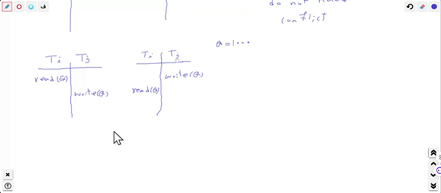It's the value that Tj has written on Q. So these two orders do not have the same effect and may result in a different final result.